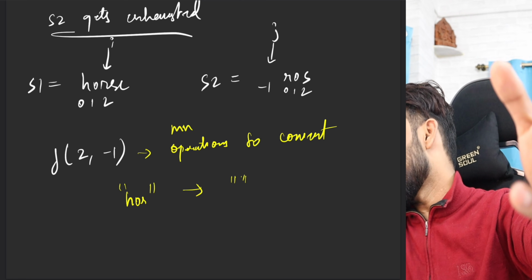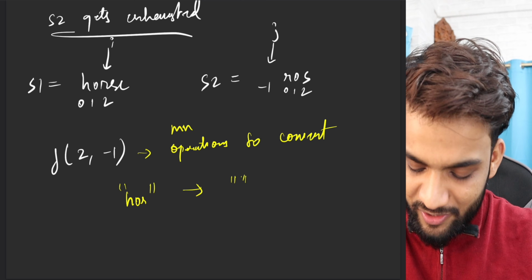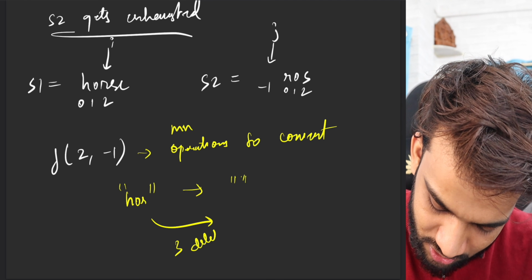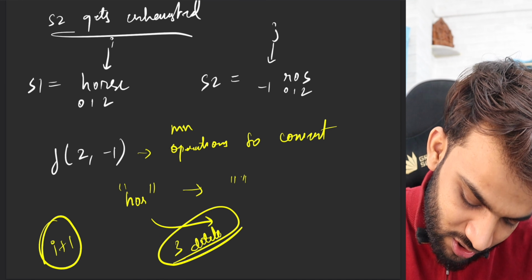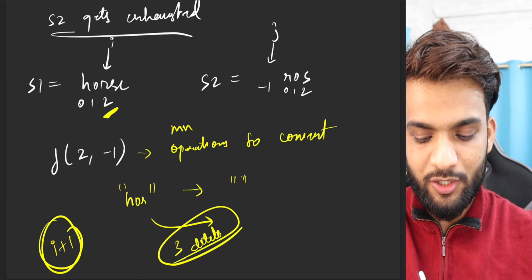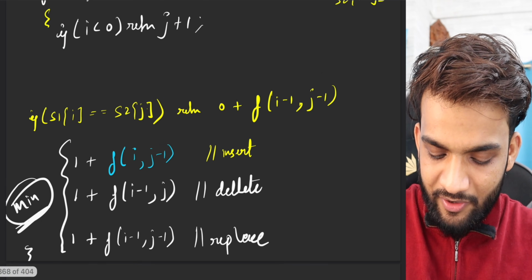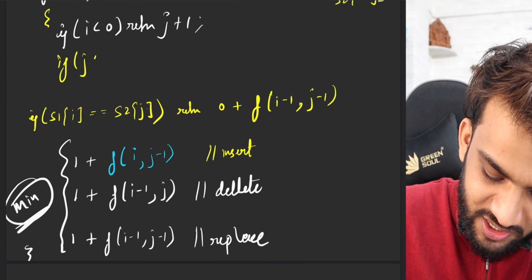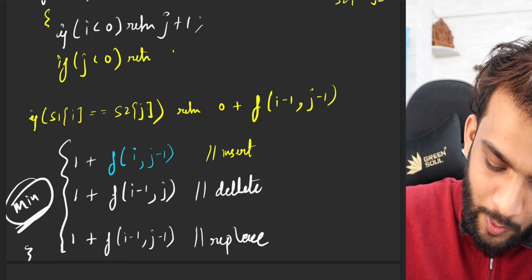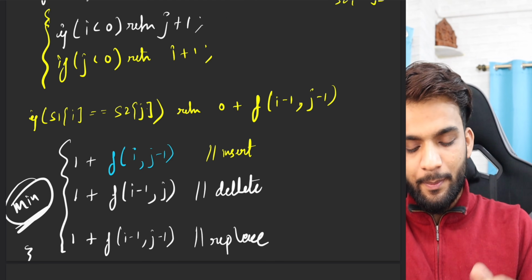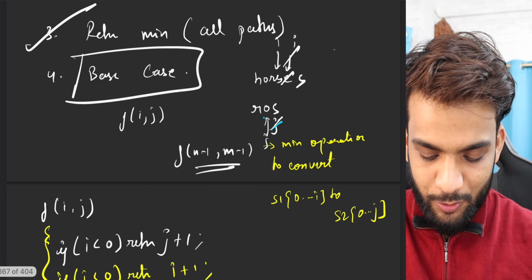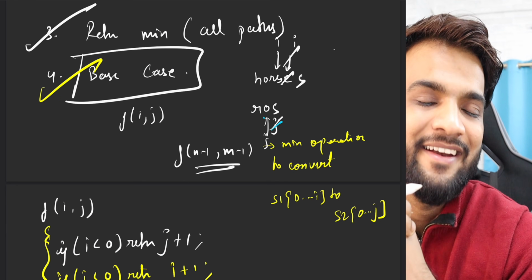How many operations? Oh, come on, guys. Obviously, it'll perform 3 delete operations, which means I plus 1, because you're standing at 2, so 3 operations. So if this gets exhausted, it will require I plus 1 operations. Perfect. That's how you write the base cases, and that's how you do this edit distance.